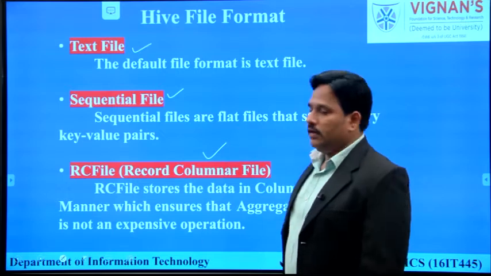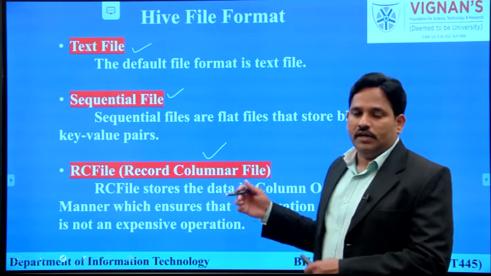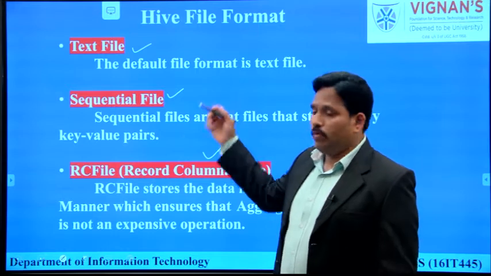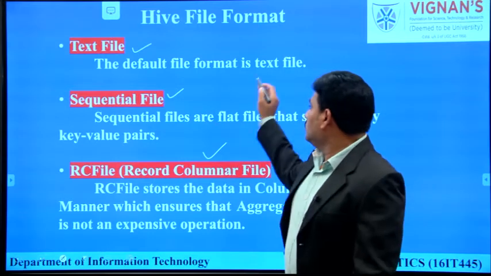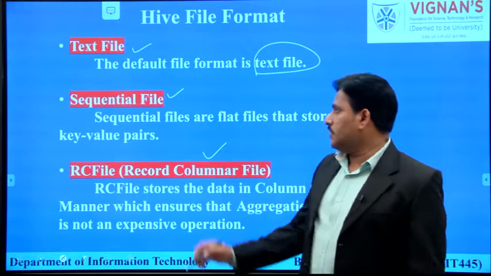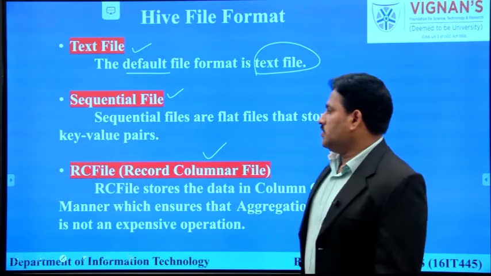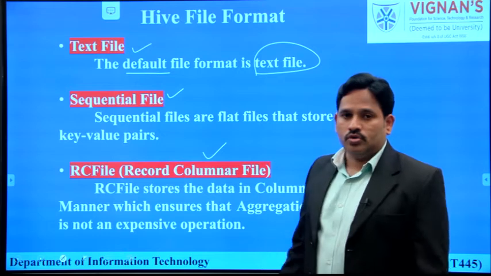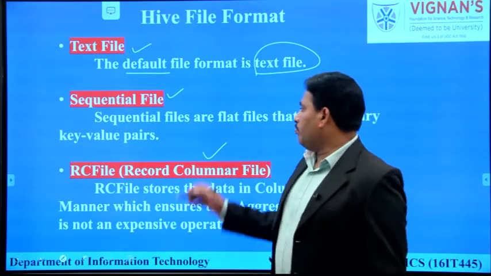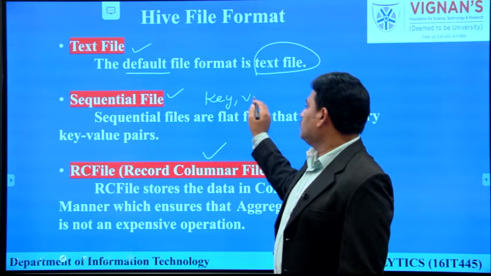The text file is the default. Each and every file is going to be stored in the form of a text file, so only textual content is stored. The second category is the sequential file, used whenever you want to store key value paired information that we access from the Hadoop environment.